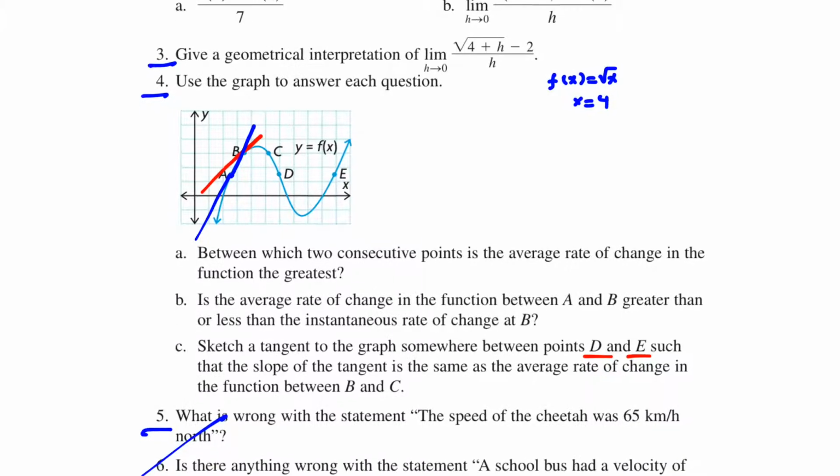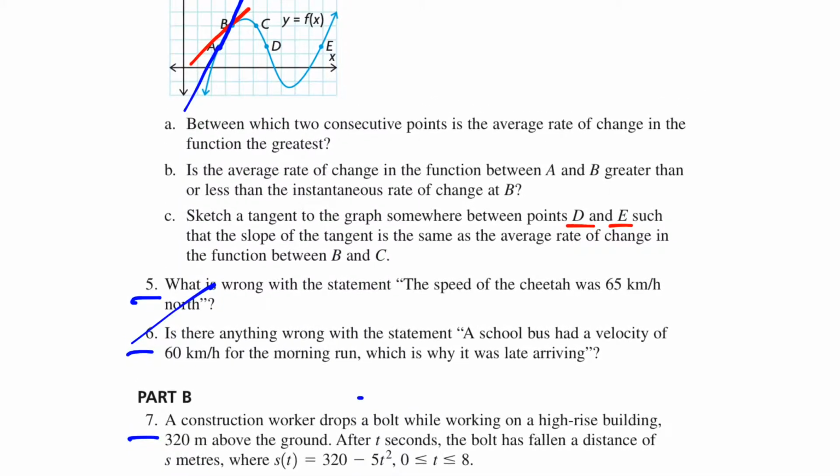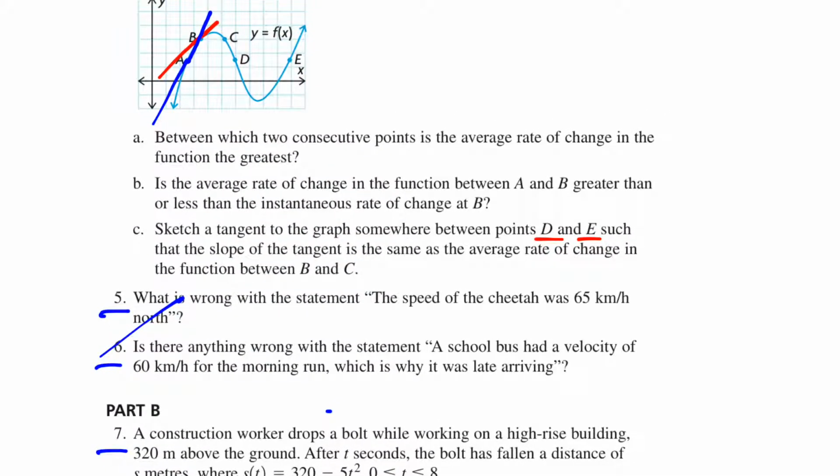Part C, sketch a tangent to the graph somewhere between D and E such that the slope of the tangent line is the same as the average rate of change in the function between B and C. The slope of the secant line joining B and C is 0.